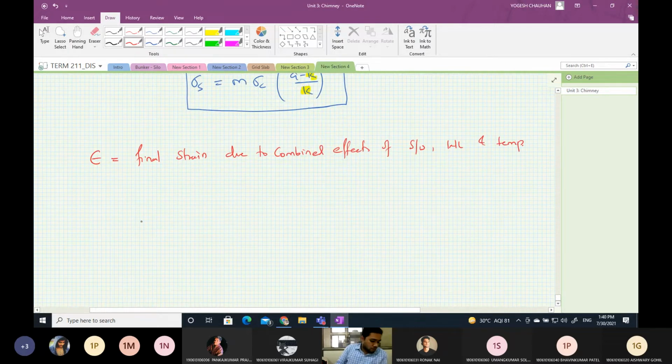Then we have the change in stress in concrete on inner side.